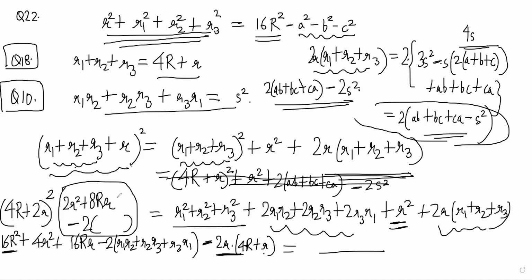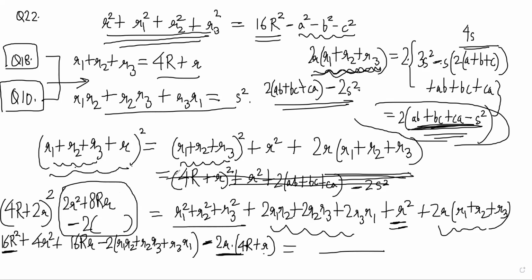It is just long, and you just have to realize that you have to use these two, and you have to get 2r into (r1 plus r2 plus r3) equal to this. Basically now it's just a lot of algebra and simplification. It is doable, it's just long. I'll try.